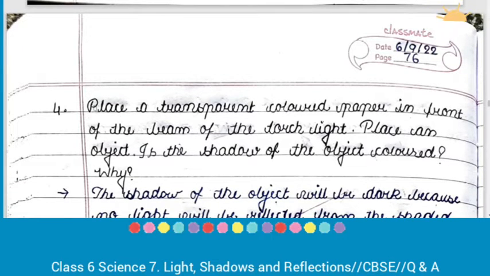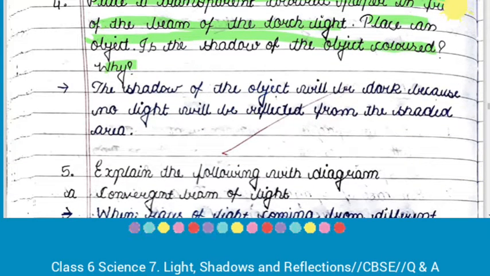Fourth question. Place a transparent colored paper in front of the beam of the torchlight. Place an object. Is the shadow of the object colored? Why? Answer. The shadow of the object will be dark because no light will be reflected from the shadow area.